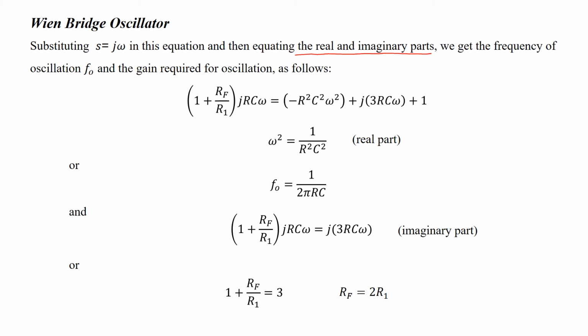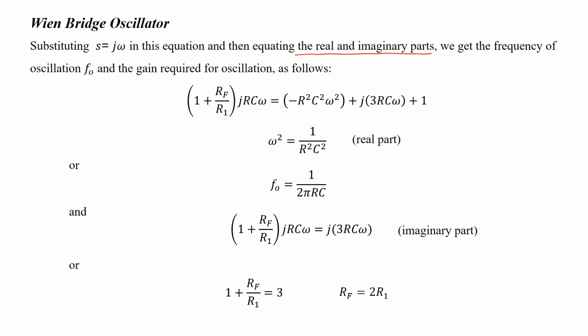Now when we equate the real parts, omega square is equal to 1 over R square C square, or f naught is equal to 1 by 2 pi RC. Equating imaginary parts, 1 plus Rf by R1 into j RC omega is equal to j 3 RC omega. We get 1 plus Rf by R1 equal to 3. So Rf becomes 2 R1.